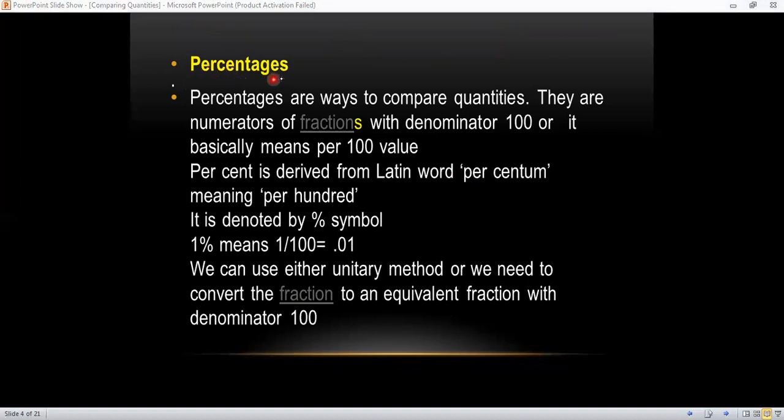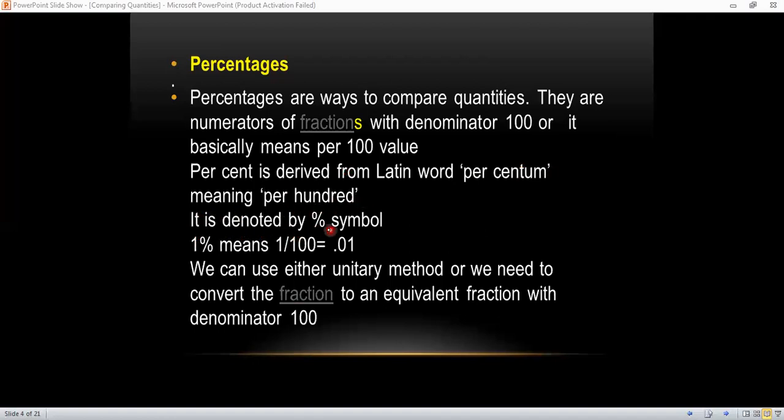So what is percentage? Percentages are ways to compare quantities. They are numerators of fractions with denominator 100, which basically means per 100. Percentage is derived from the Latin word per centum, meaning per 100.